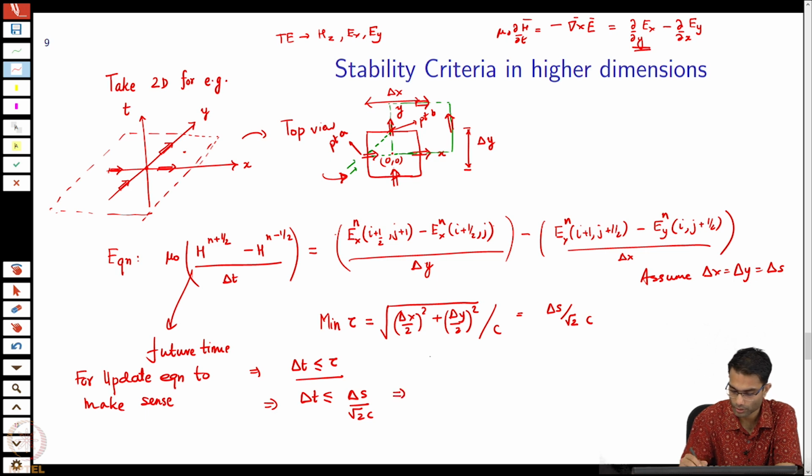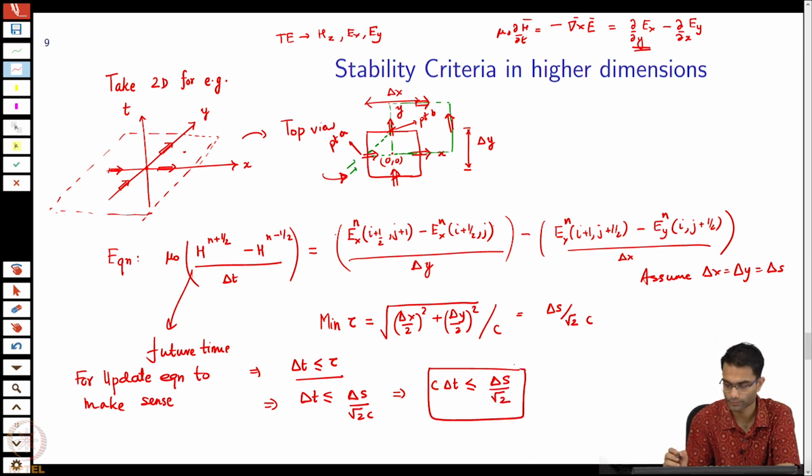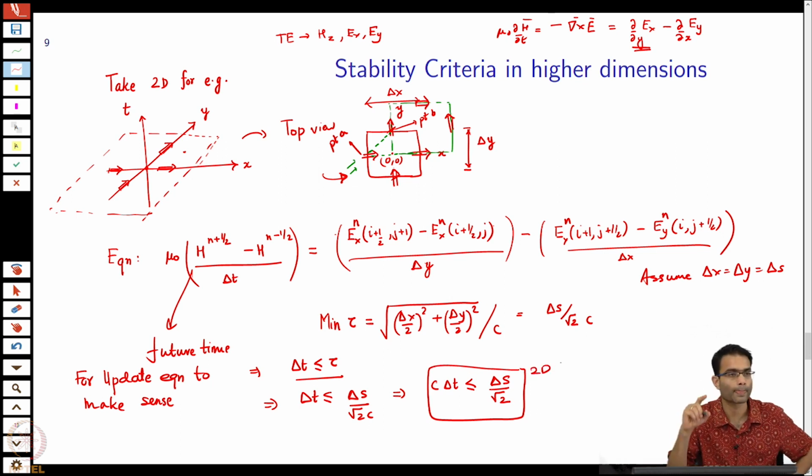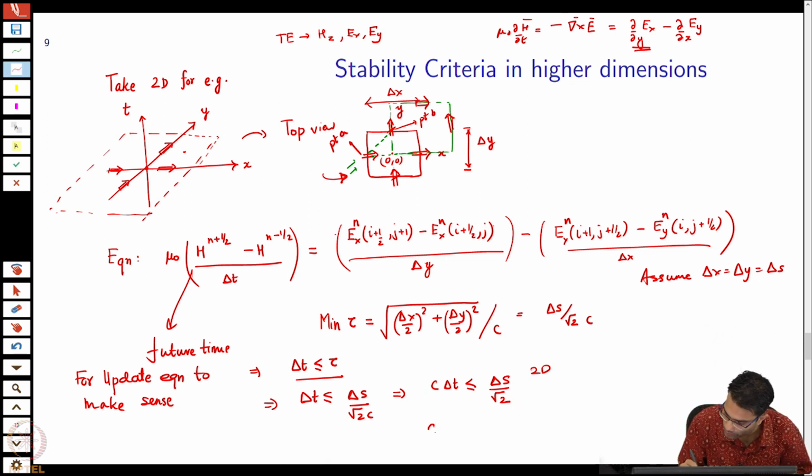So, c delta t, this is in 2D. So, an additional factor of square root 2 has come, right, just because these points are arrayed on a square and you are looking at the diagonal between the midpoints. So, can you guess in 3D what will happen? Exactly, I will get a root 3.